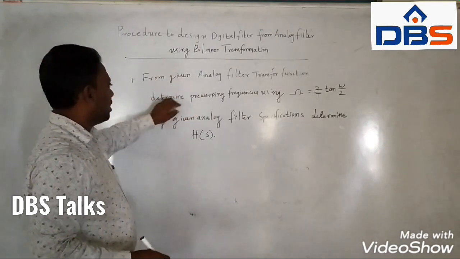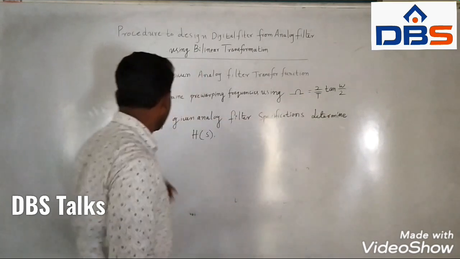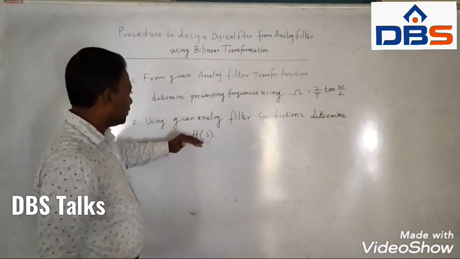First, we have to find out the pre-warped frequencies using this relation, omega is equal to 2 by T tan omega by 2. After that, we have to formulate what is H of S.